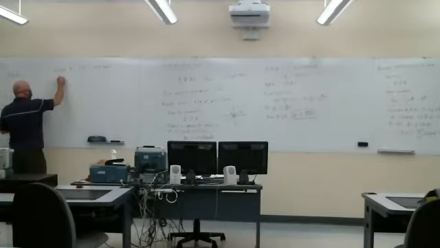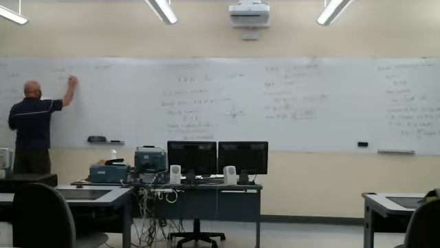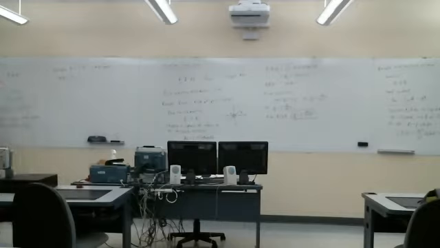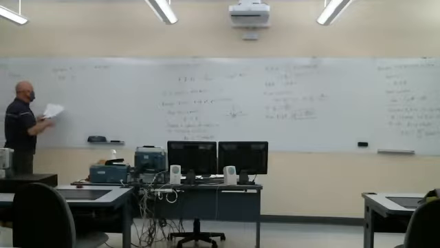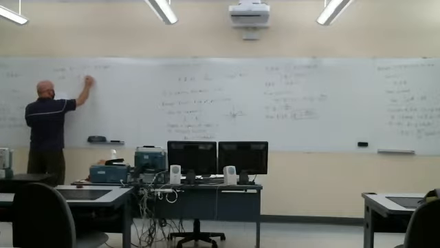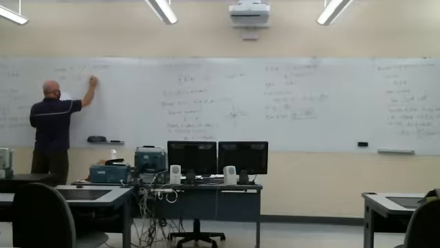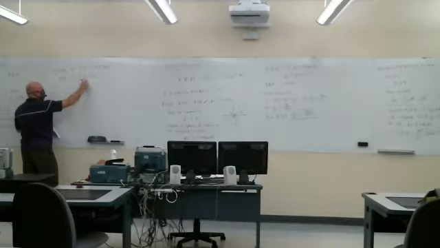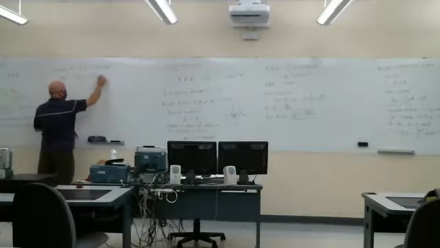Well, del dot E, this is in spherical coordinates, so refer to your handout, it's not just the partial with respect to r here. So it's actually the partial with respect to r of r squared times the r component, which is 1 over r squared here. So here we'll have the partial with respect to r of 1, which is 0.